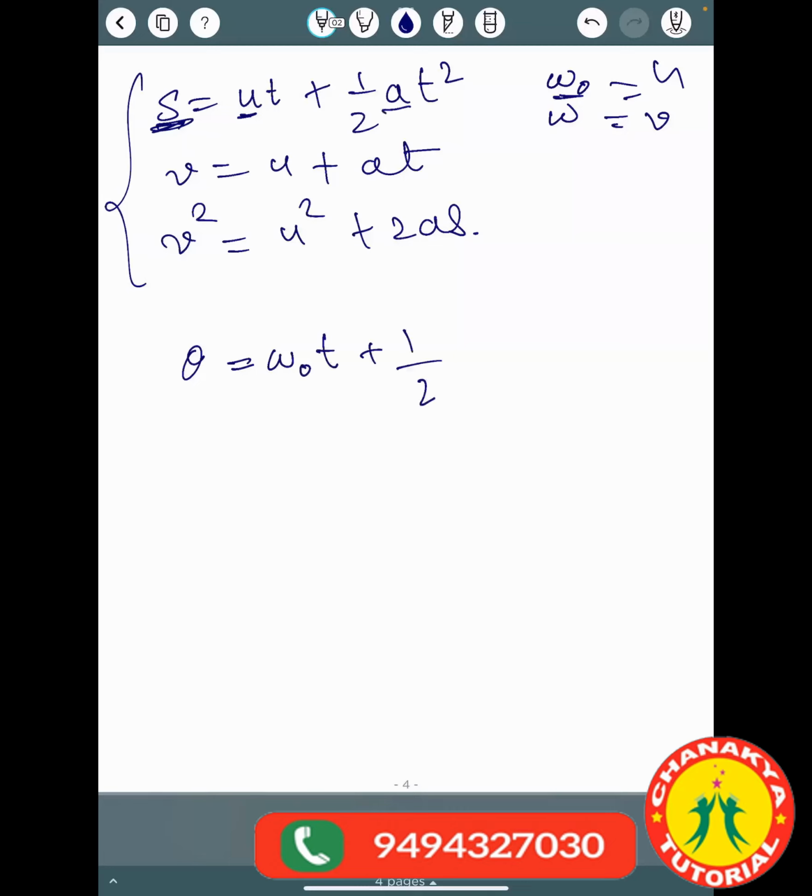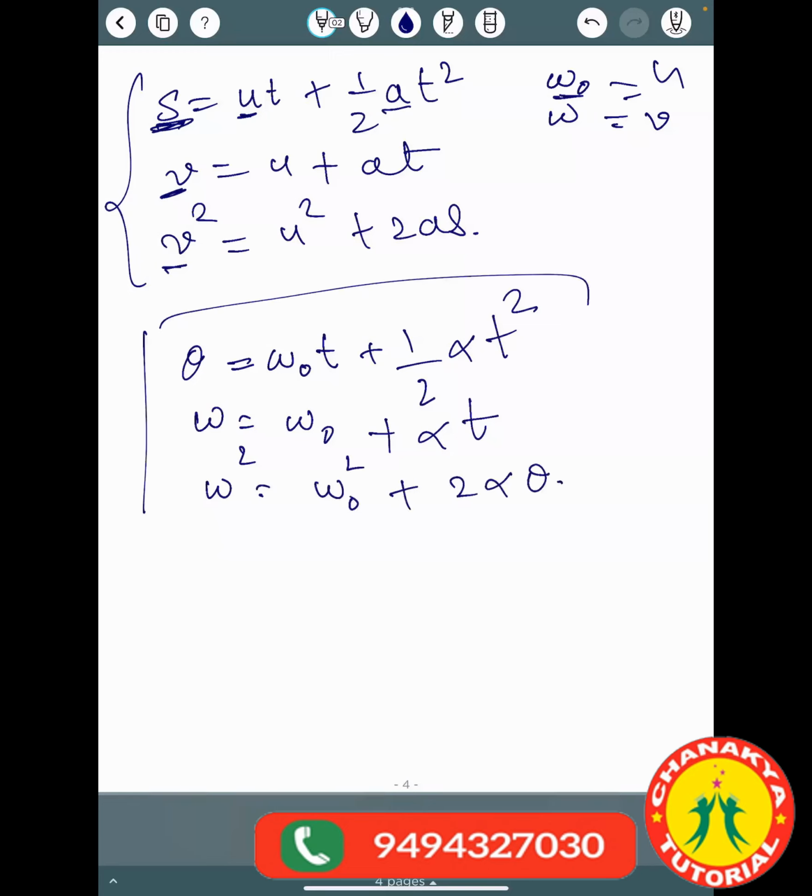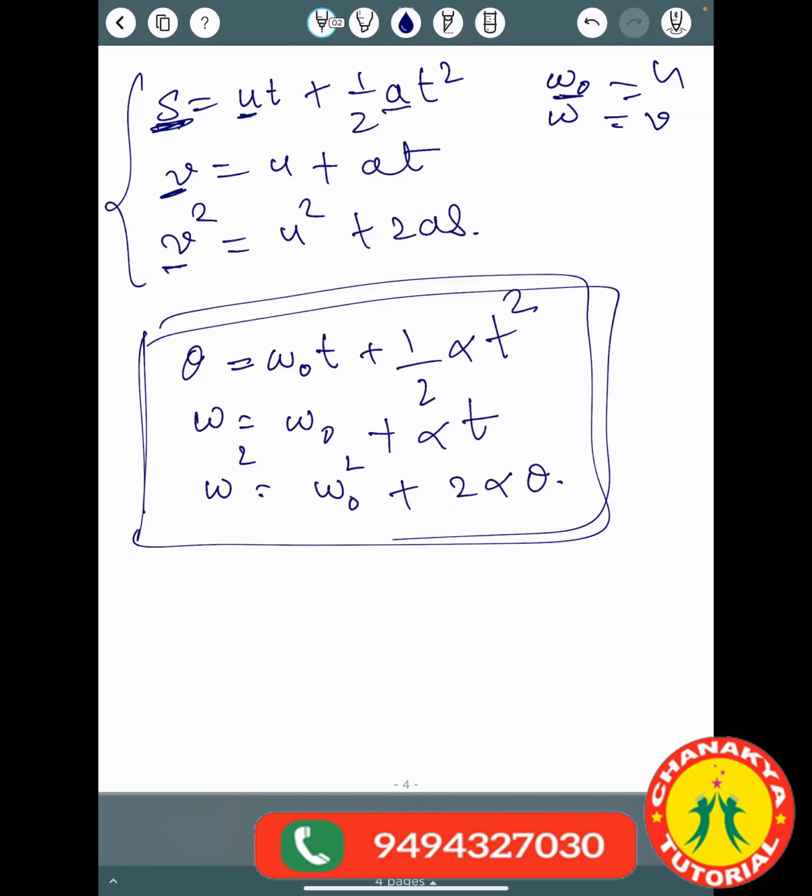You don't just need to put, and you are not doing that. In place of a, you need to put alpha. For this, omega is equal to omega naught plus alpha t. For this, omega square is equal to omega naught square plus 2 alpha theta. Here also you can avoid equations if you understand alpha properly.